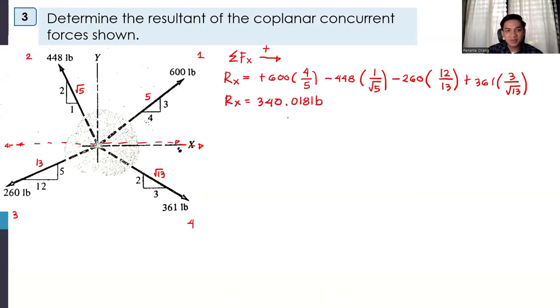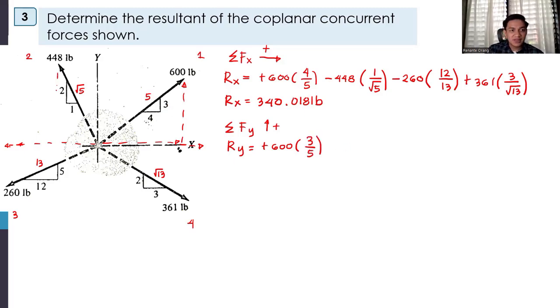Next is the summation of forces in the y-axis where all upward forces are positive, for our Ry. That is equivalent to, let's start with this force, it is going upward. So that is positive 600. The vertical side is 3, so that is 3 divided by 5. Next is this force, which is going upward.